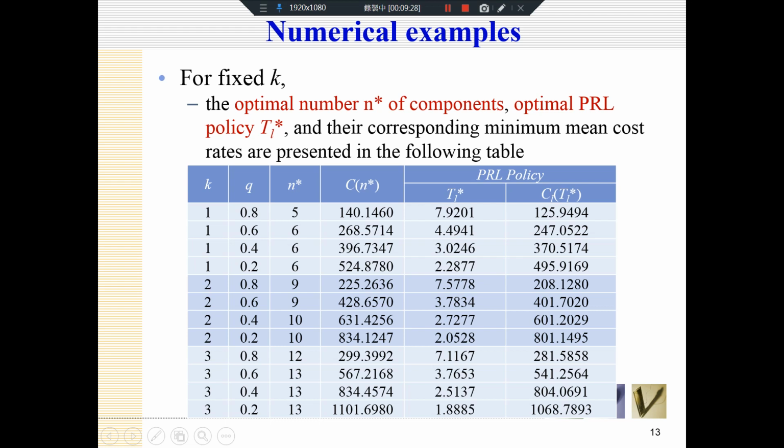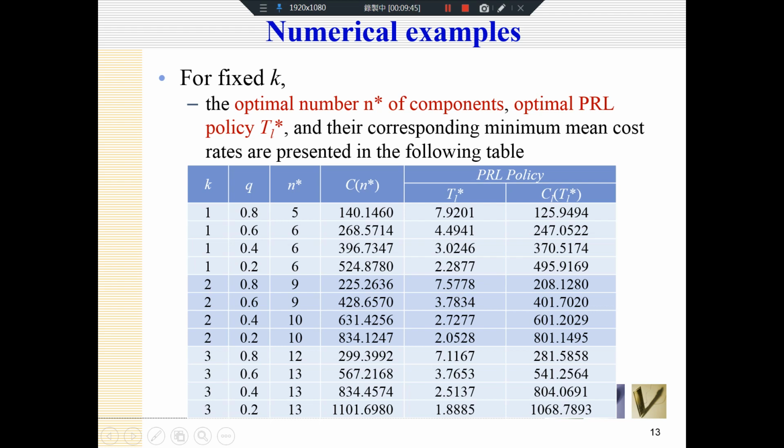In this table, we can find that a finite and unique optimal PRL time TL star exists, as shown in the table.